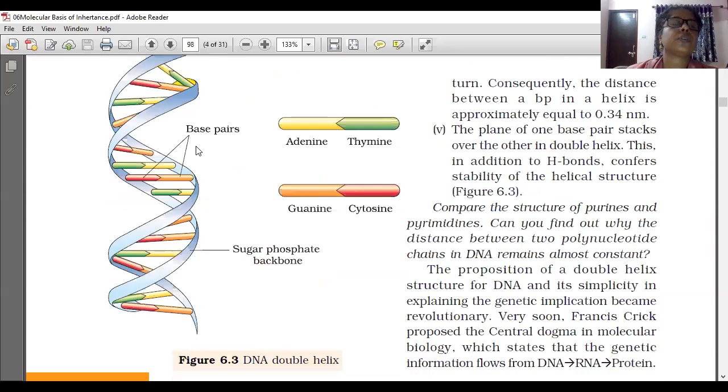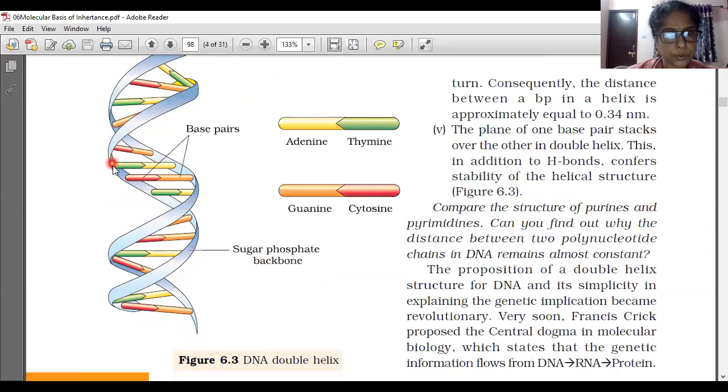This is one polynucleotide chain. The other chain is starting from here and going through here. These are the two polynucleotide chains.